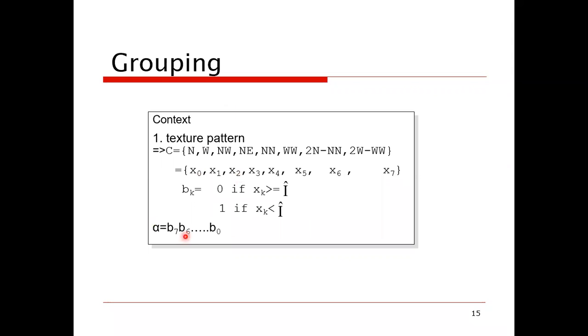For creating a binary vector, we will use a mapping function: bk is equal to 0 if xk is greater than or equal to the predicted value of the given pixel, I bar.